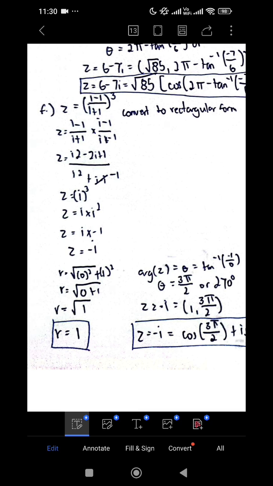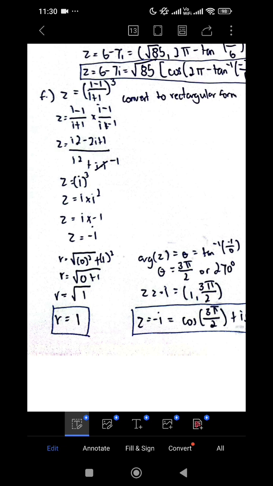We use this formula, which is z is equal to 1 minus i over i plus 1 multiplied by i minus 1 over i minus 1. So we will get i squared minus 2i plus 1 over i squared plus i minus 1 over i minus 1.